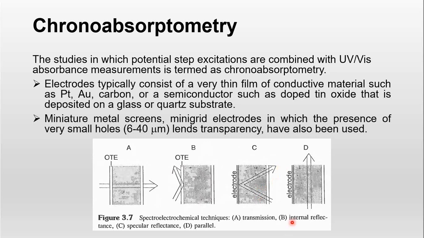Here the light is coming into the solution and then going back after reflecting from the electrode surface, and this one gives a different type of scenario where the light is passing through. That is, you see transmission, internal reflectance, specular reflectance, and then the parallel passage of the incident light.